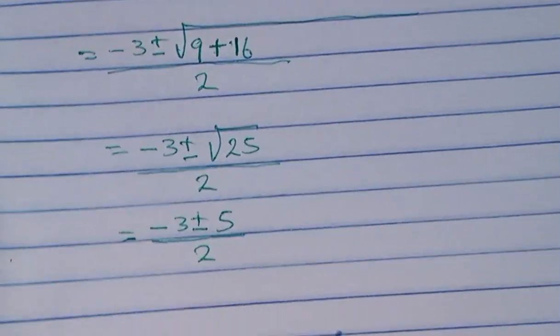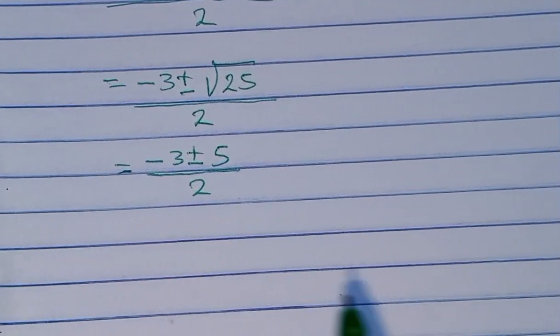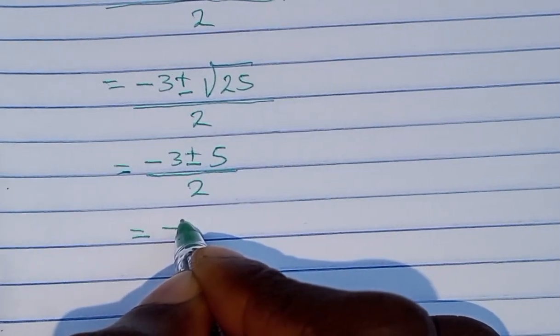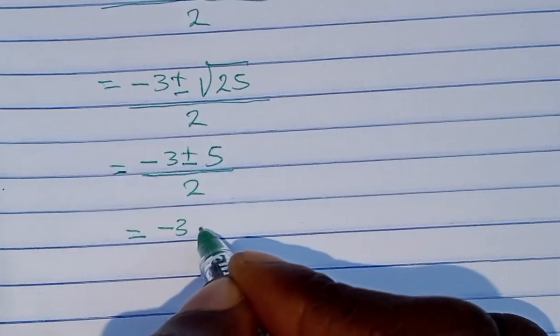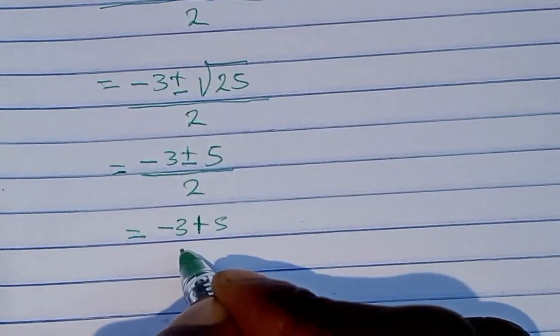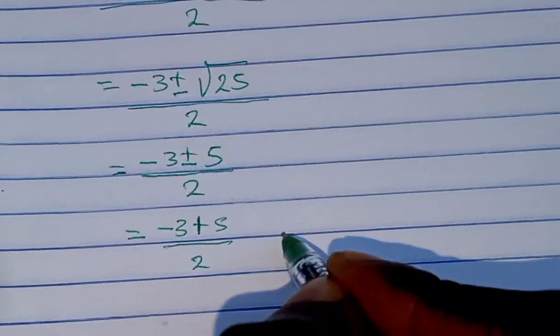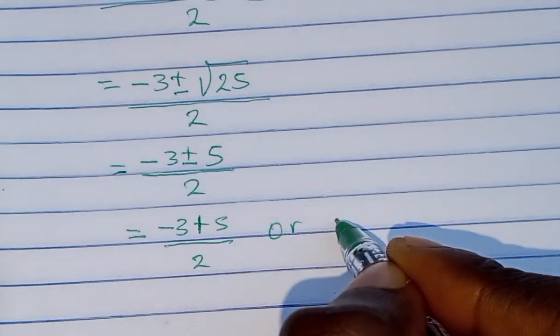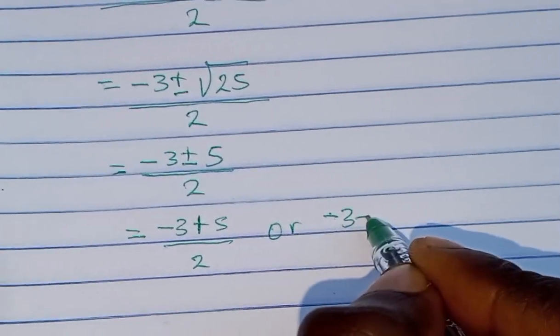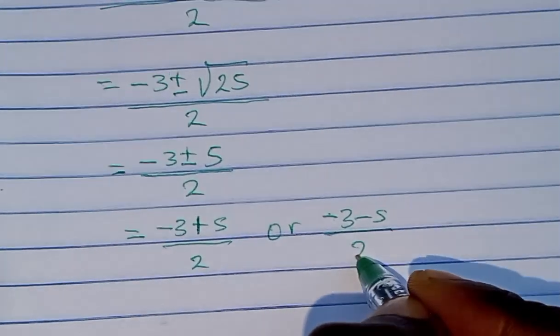You know, square and square root are opposite to each other. So this is going to be equals to minus 3 plus 5 all over 2, or minus 3 minus 5 all over 2.